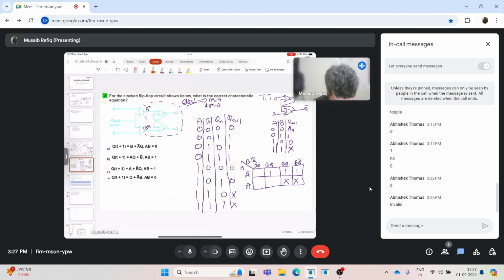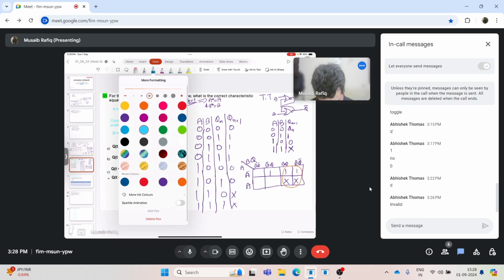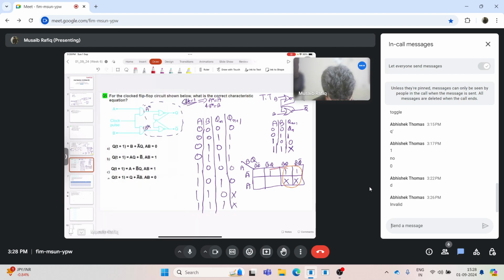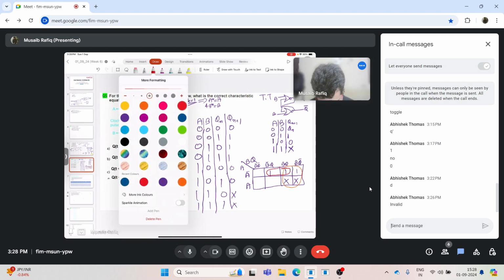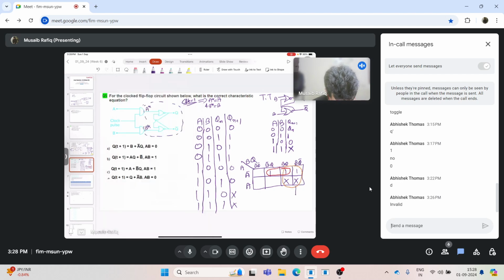So we can construct a quad with this and a pair with this, right? So the term arising from this quad will be equal to B, right?